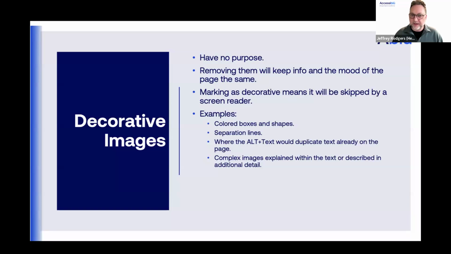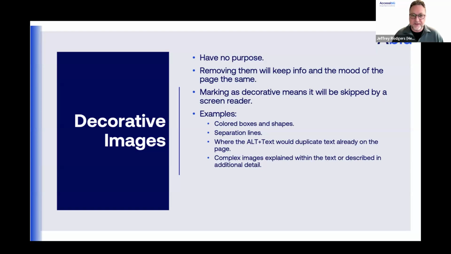That would be very confusing to someone using assistive technology, because having alt text for something that's not really meaningful on the page can add more confusion. So that's a good reason why we would want to mark something as decorative, because taking that away really wouldn't detract any information.